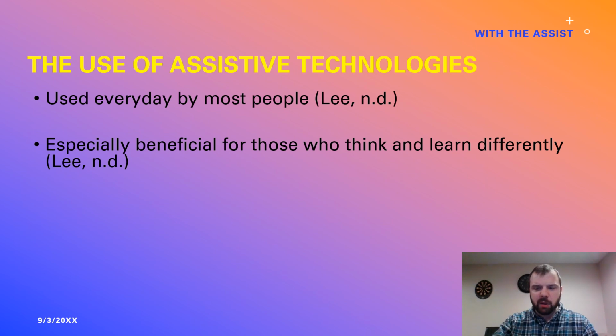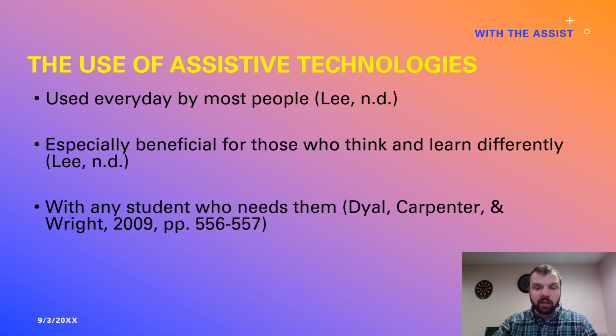These technologies, however, are most useful for neurodiverse minds and those who struggle with disabilities. Dial, Carpenter, and Wright wrote a great article on this subject and state that any student who needs assistive technologies must receive them. This is due to such legislation as the No Child Left Behind Act of 2001 and the Individuals with Disabilities Education Improvement Act of 2004, which requires that all students have an equal education.